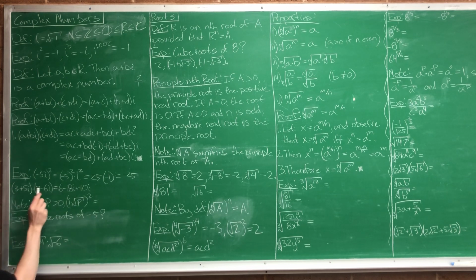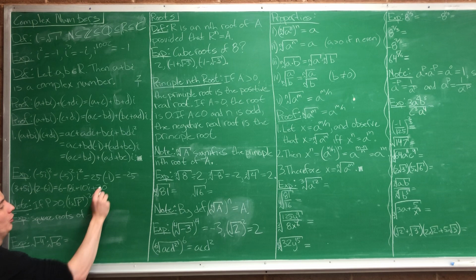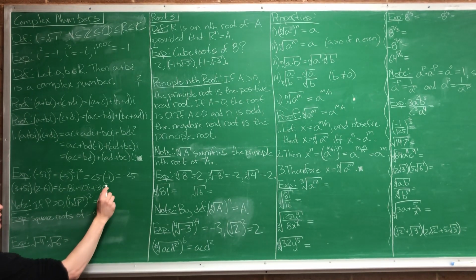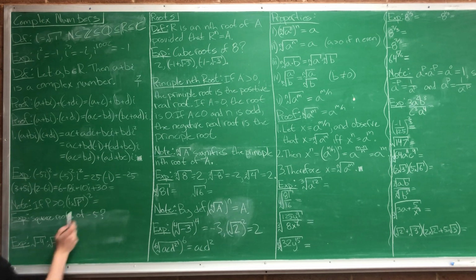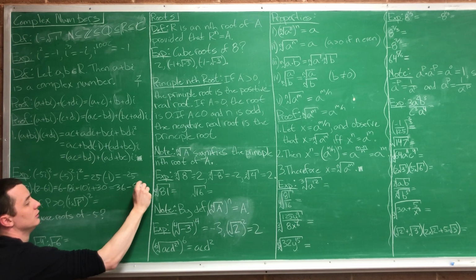And then 5i times negative 6i gives me negative 30, right? No, positive 30. Okay. And then now we just add like terms. So we add our real parts, we add our imaginary parts. That gives us our resulting complex number. So we have 36 minus 8i, right?